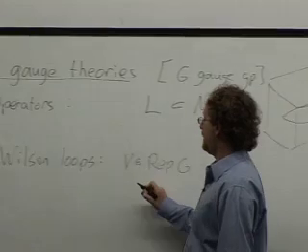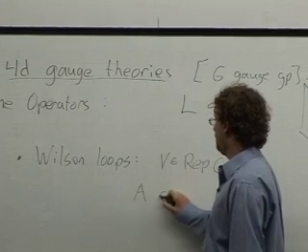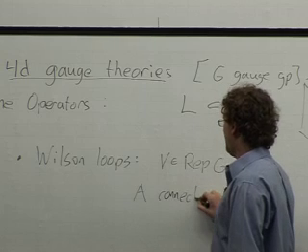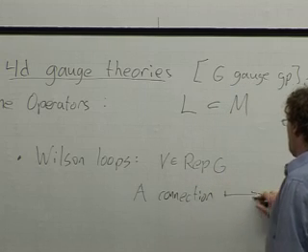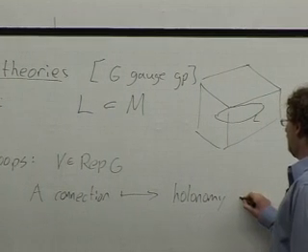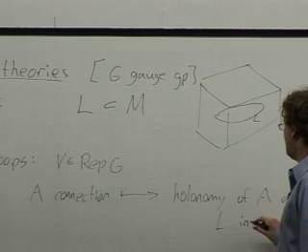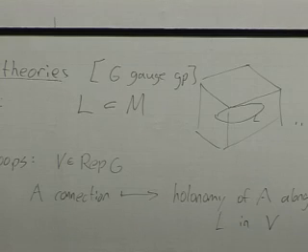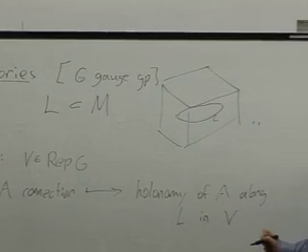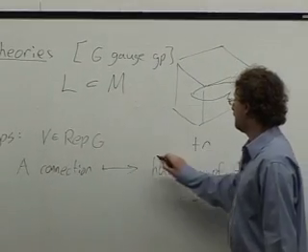For any connection A, our gauge field, we can assign to it the holonomy of the connection A along L in the representation V. So we take the associated vector bundle in representation V, take the holonomy, and take its trace.